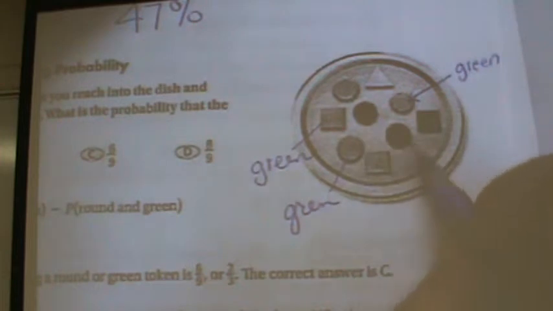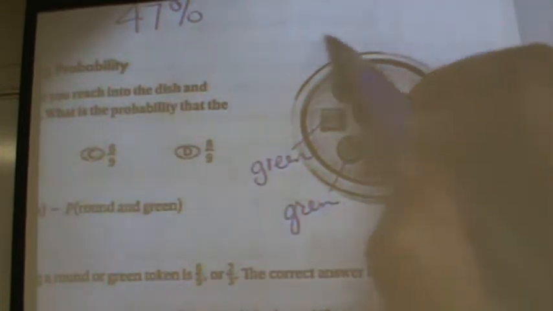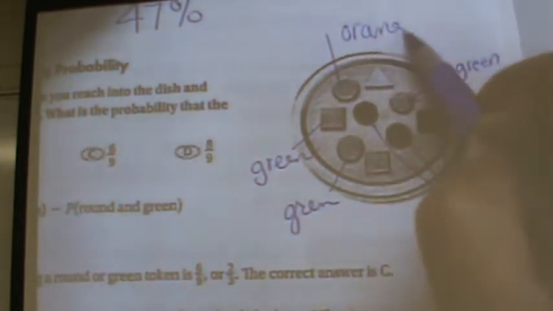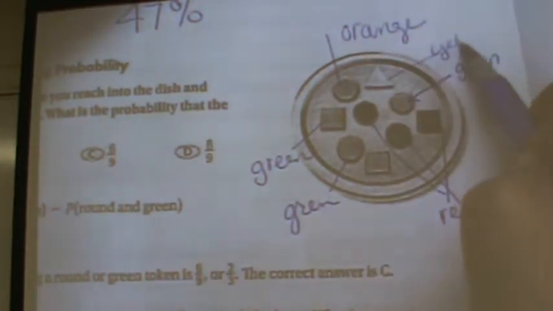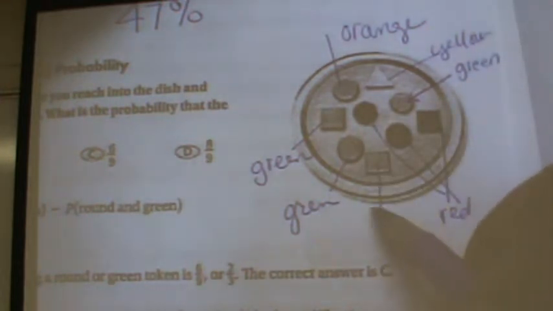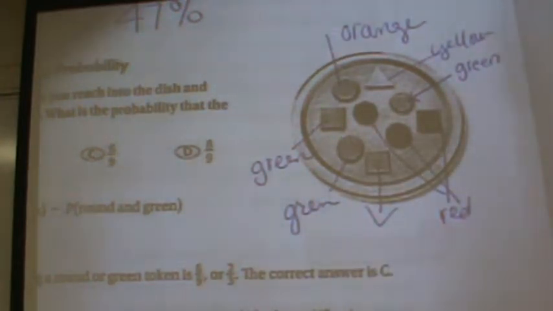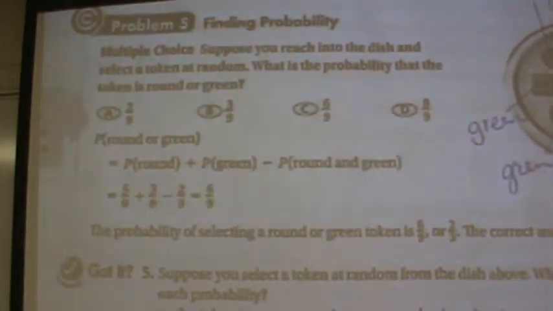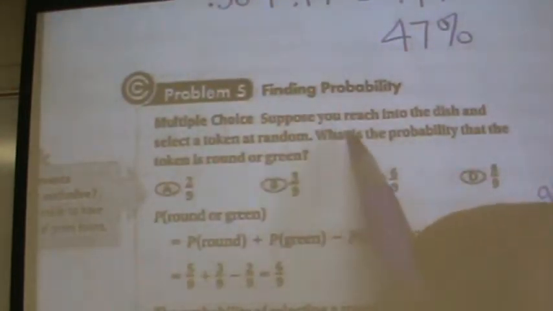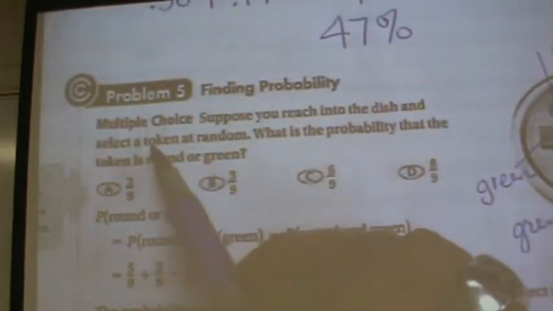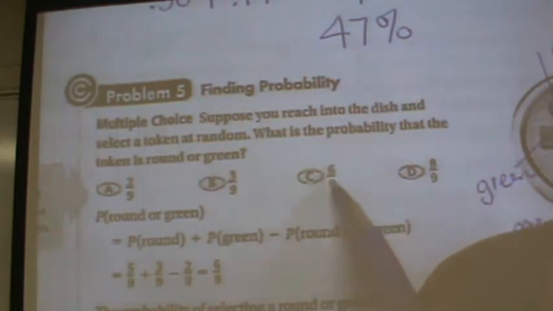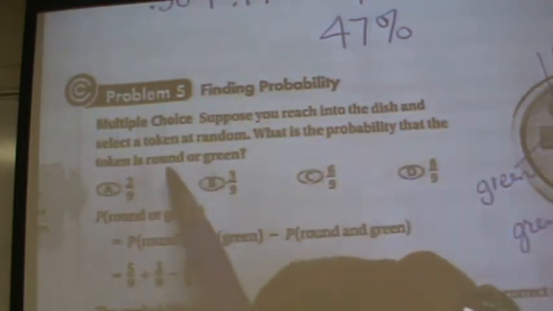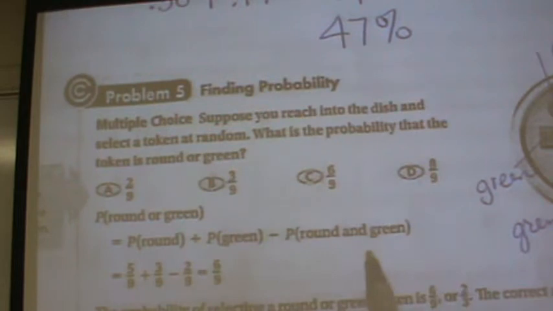These three are red, and I believe this one's orange. This one's yellow, and I don't know what color that one is. Blue. Doesn't matter, it's not one of those. Okay, so suppose you reach into this dish and you select a token at random. I want to know what's the probability that the token is round or green.